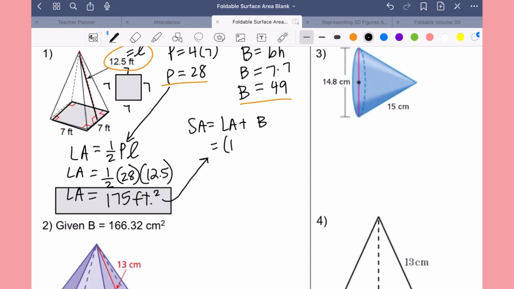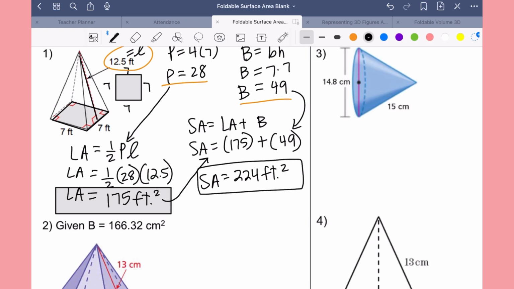Plug it in, 175. Plus my big B, 49. So my total surface area is 175 plus 49, which is 224 feet squared. And you're done. There's your lateral and your total.